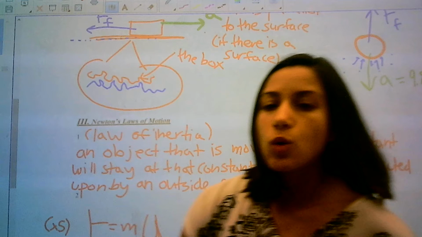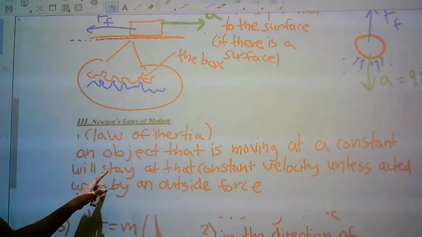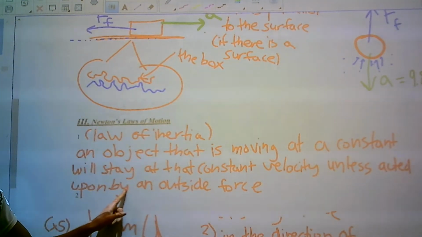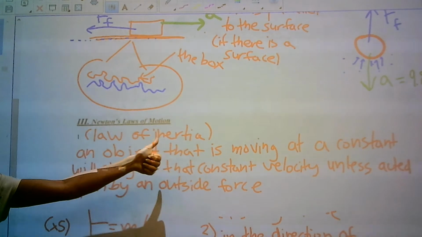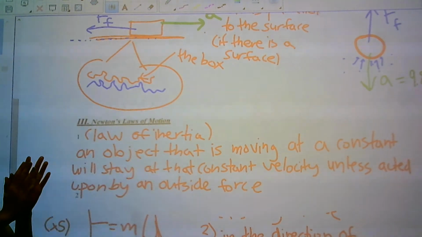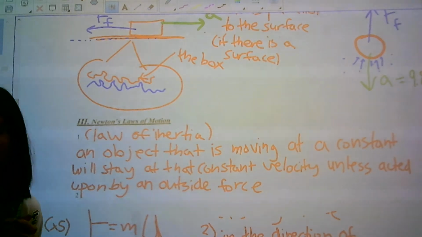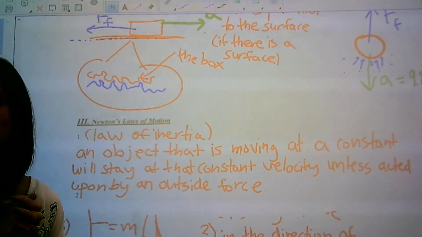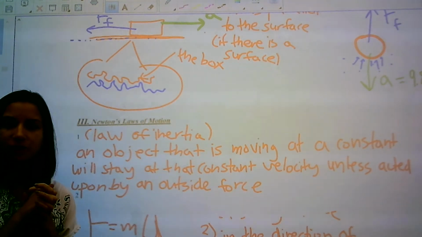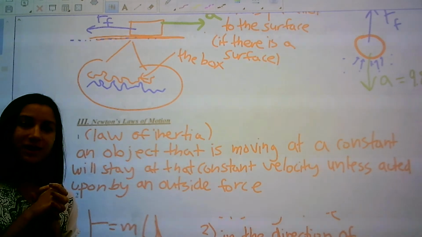I'm guessing quite a few of you have maybe heard of something similar. Put your thumbs up if you've heard the definition: an object at rest will stay at rest unless acted upon by an outside force. Have you heard that before? Some of us have. But I don't think that's accurate.